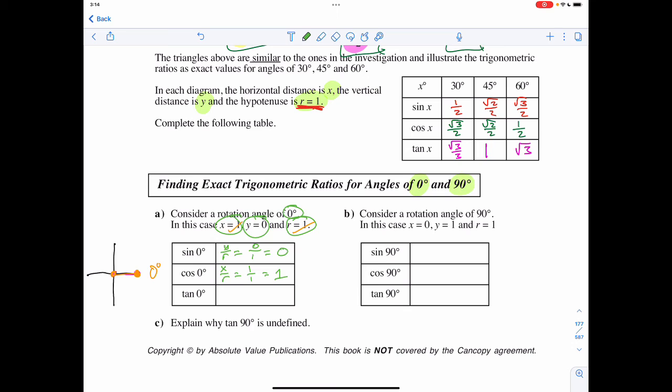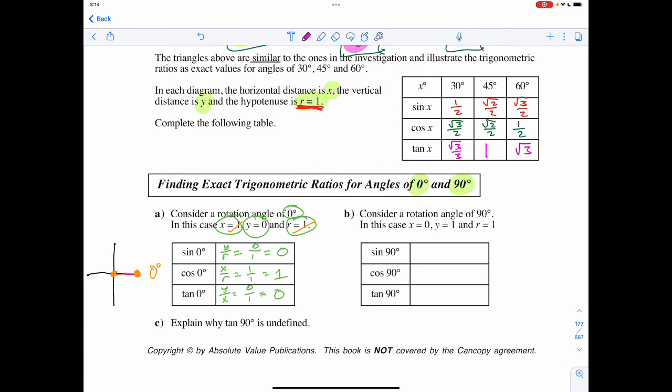My tan value is going to be y over x, or 0 over 1. Tan of 0 degrees is also 0. And you can plug all these into your calculator to verify this.